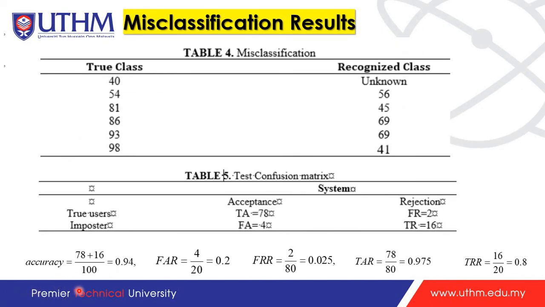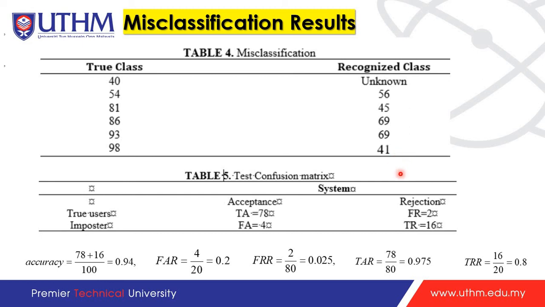Okay, and in this case, 100 images went through the authentication or testing stage. We have 6 images that were wrongly classified. We have 8 misclassification results, where the true class 40 was recognized as unknown, 54 as a wrong class, and 81 to 98 should be unknown, but they were accepted as other classes.